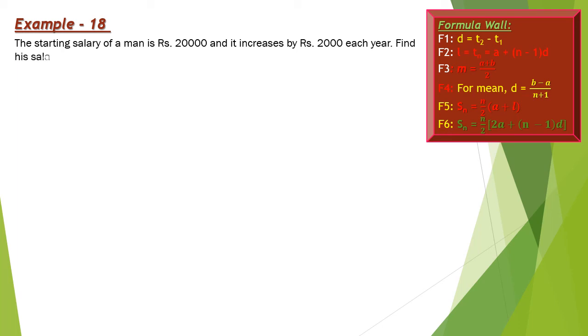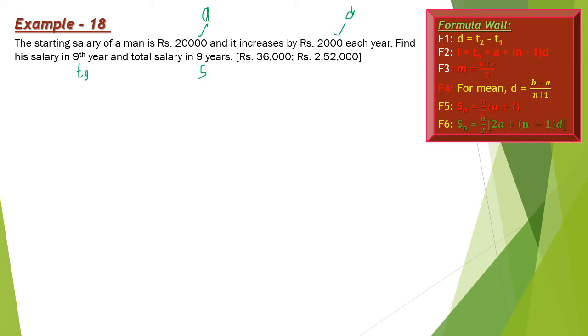Find his salary in the ninth year. This type of question we have already done. If you convert this question into a sequential series, then the value of A is given, and the value of D is also given. Now what we have to find is T9, the salary in the ninth year, and the total salary, which means S9. So we can easily do this question.